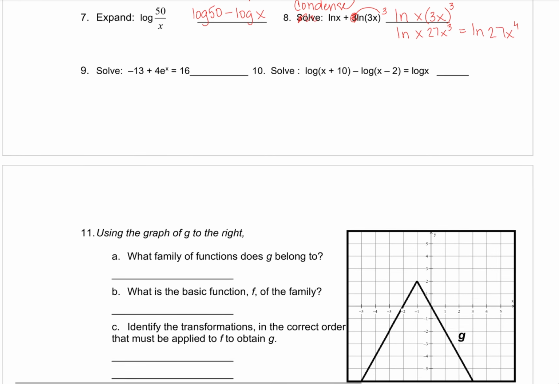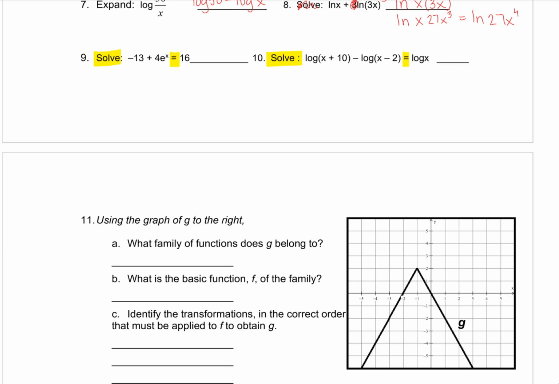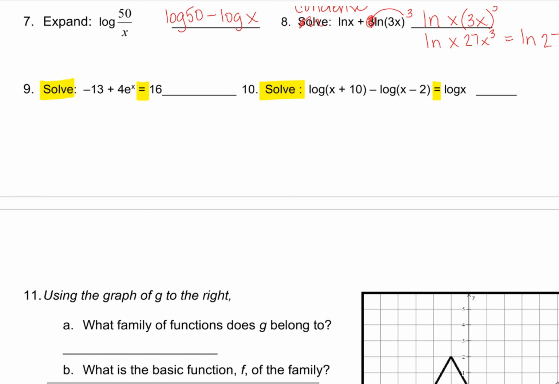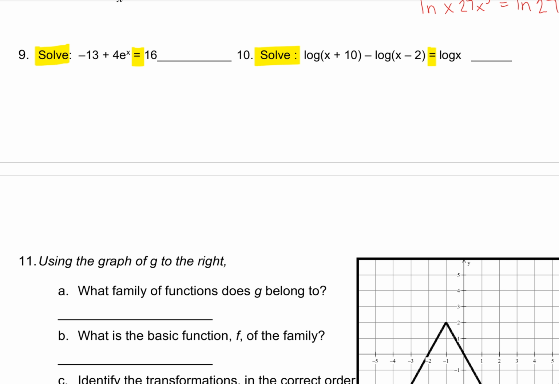Now, 13. Remember, it says solve. I know it's solved because I have an equal sign as well. So equal sign, solve. First thing that I have to do to solve number 9, I have to move the 13. Move addition and subtraction first. Then you're going to move your multiplication and division. So plus 13, plus 13.